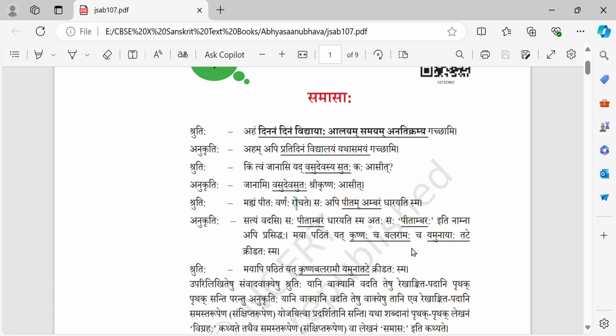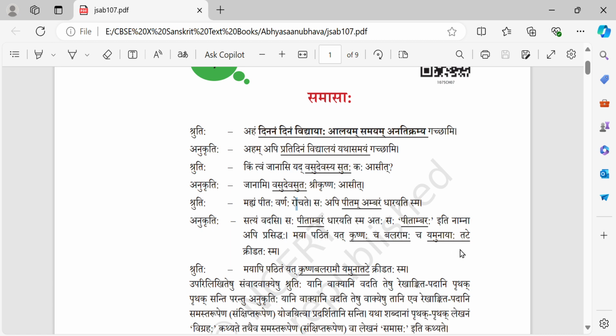You have to follow the same format if two different names are given. For example, Ramaha cha Krishnaha cha, Rama Krishnau. Bharataha cha Lakshmanaha cha, Bharata Lakshmanau. Lavaha cha Kushaha cha, Lava Kushau. Like that.